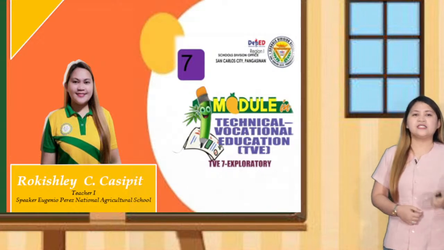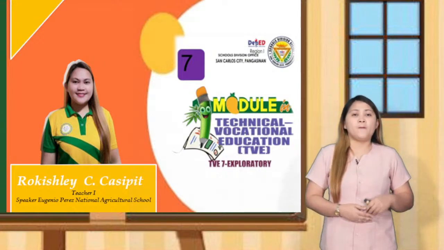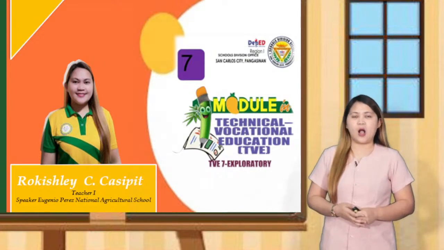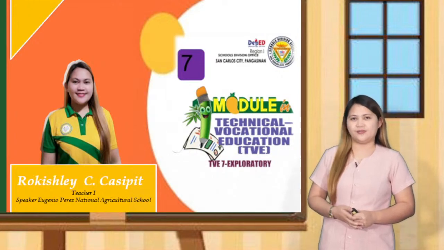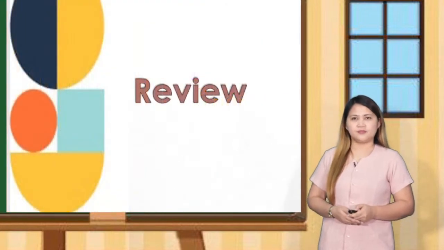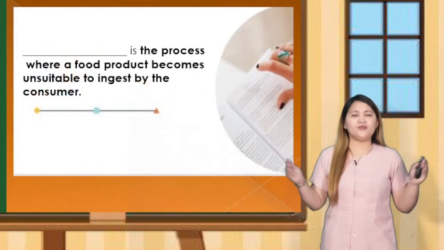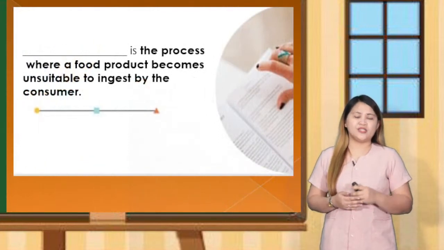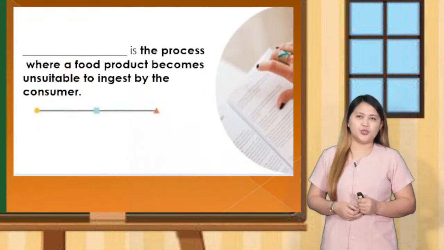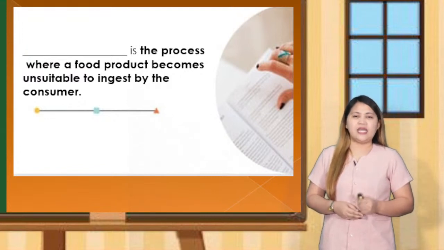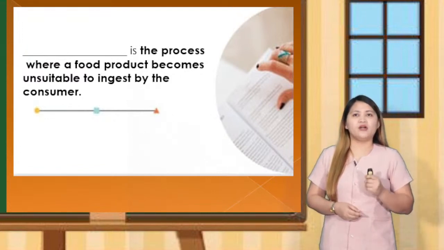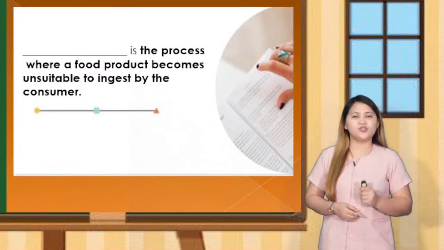Okay, so let's start this session by recapitulating our previous lesson. If you really listened to our previous lesson, then you will be able to answer this one. It is the process where a food product becomes unsuitable to ingest by the consumer.